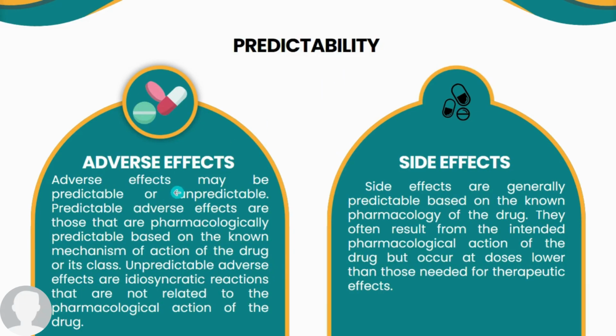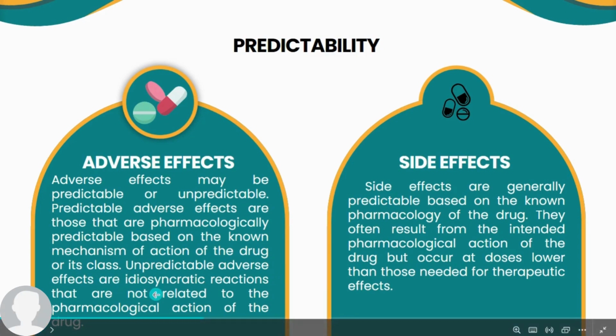Predictability. Adverse effects may be predictable or unpredictable. Predictable adverse effects are those that are pharmacologically predictable based on the known mechanism of action of the drug or its class. Unpredictable adverse effects are idiosyncratic reactions that are not related to the pharmacological action of the drug.